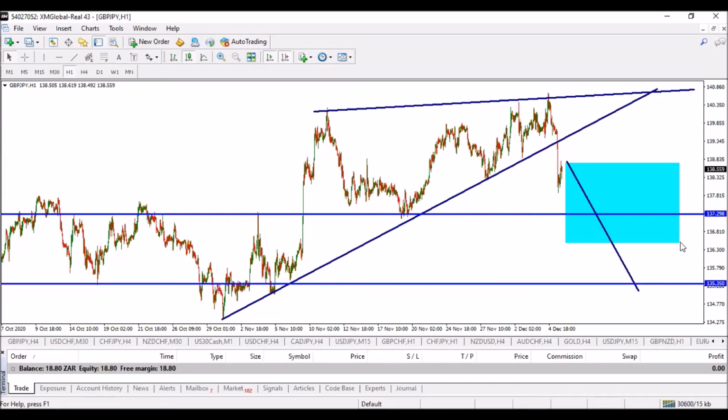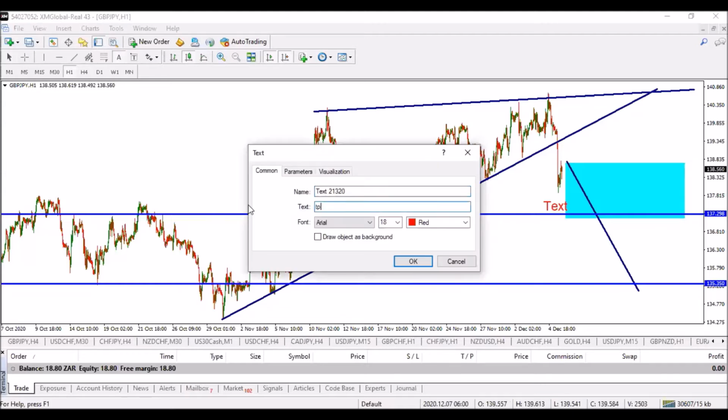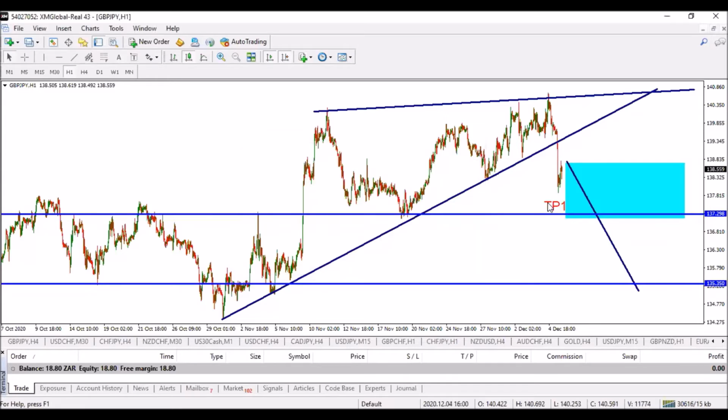So you can take the profit there and then your second profit below. So TP1, this is TP2.